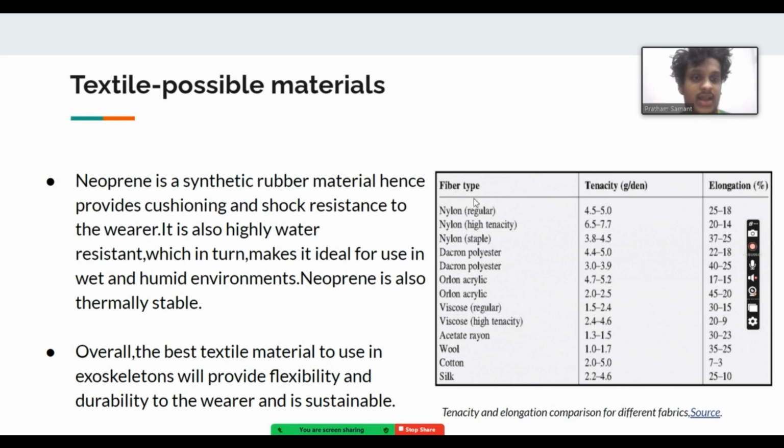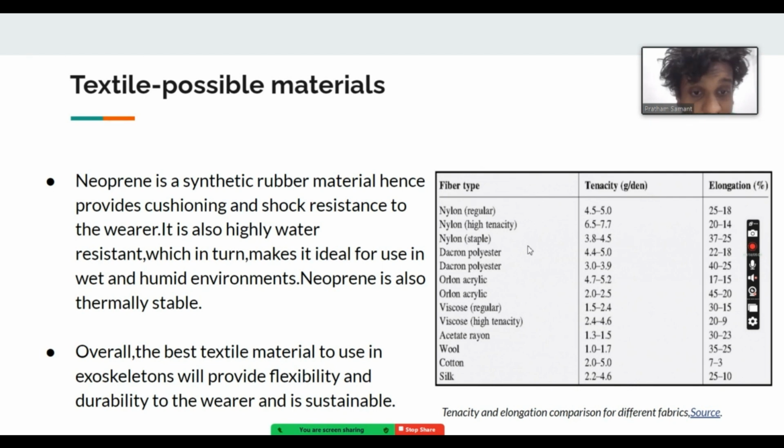We could see from the graph here that we have a tenacity versus elongation plot for all different fibers. Tenacity is the maximum amount of force with respect to its elongation that a particular textile or any material can withstand before completely breaking off, before the atomic structure of the textile completely breaks off.